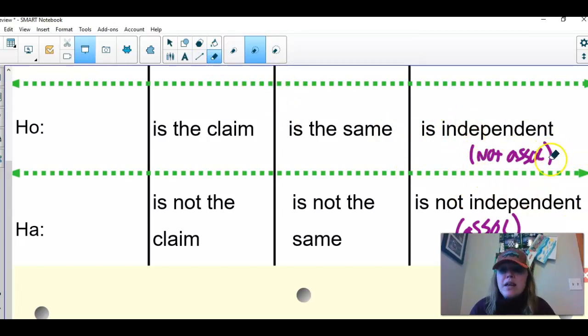No association means they're independent, and then they're trying to prove that they are associated. You can do this, and I know some AP teachers that do that. I just don't like it personally, because why not just stick with the is not for all of them, okay? So if this works for you and you're getting the correct answers, that's fine with me. It's just not my preferred style, okay?